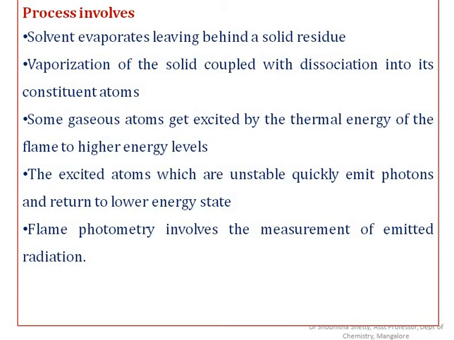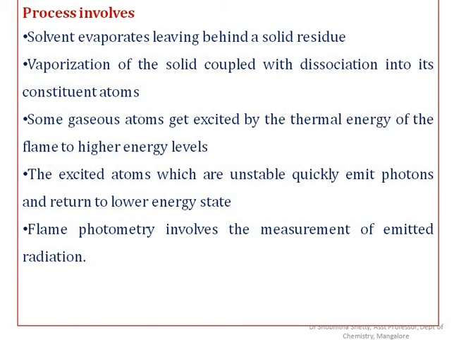Because a specific element will emit a specific range of wavelength of light, based on that pattern we can identify which element is present in the solution, and based on the intensity of the emitted radiation we can identify the concentration of the metal or element present in the solution. So this is about the different processes involved during flame photometry analysis.